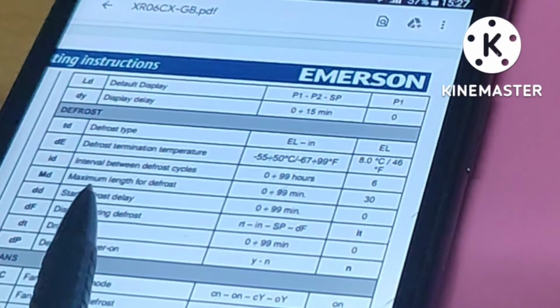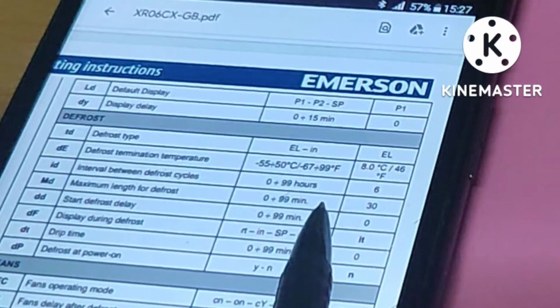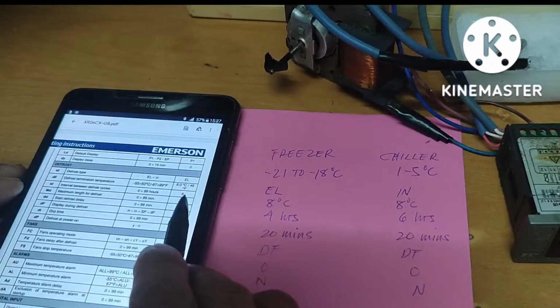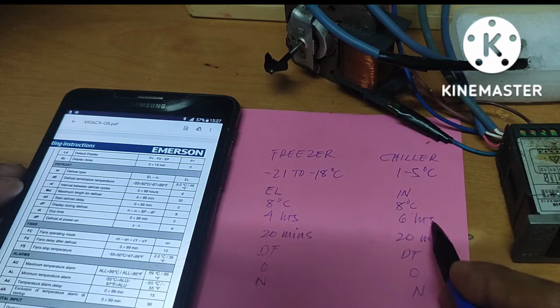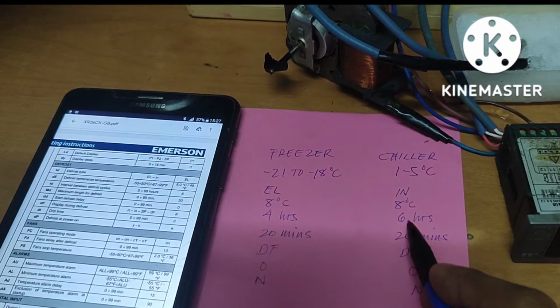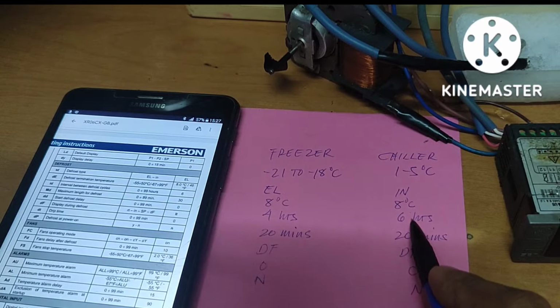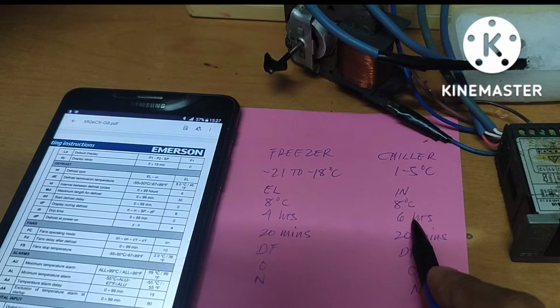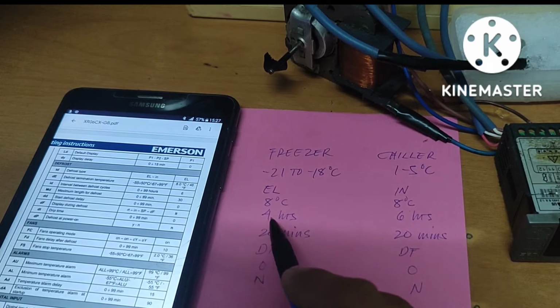ID, which is the interval between the defrost cycles, we have a default of 6. So for the chiller you can use 6 hours, 24 divided by 6, you have 4 defrost intervals. For the freezer use 4 hours or 3 hours.